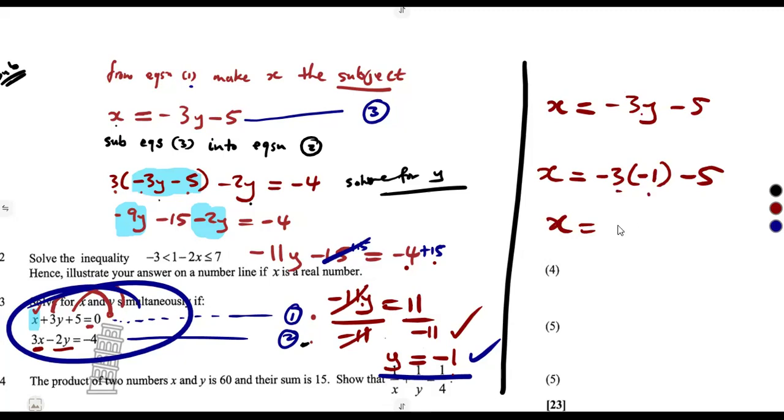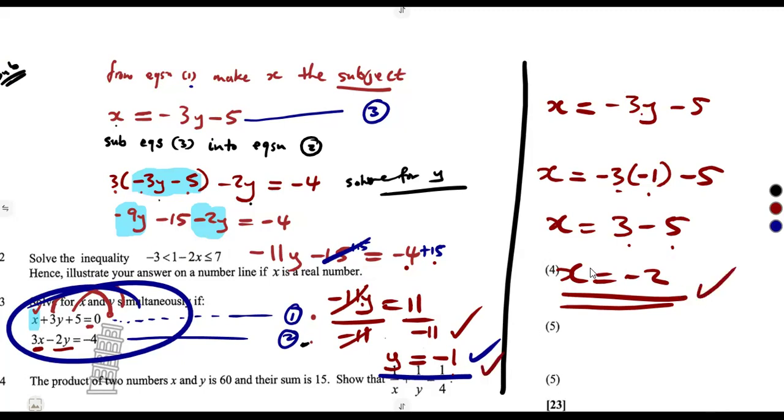Minus 3 times minus 1 was going to be positive 3. Minus 5, which is 3 minus 5 is what? Minus 2. Just like that. So this is what we're going to have: x is -2 and y is -1. You can even write it as a point, but there is just solving. x is this, y is this. You're done. These are your simultaneous equations. So I want you to prove with the elimination method.